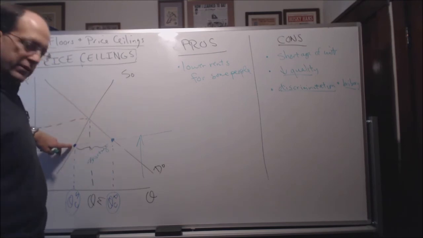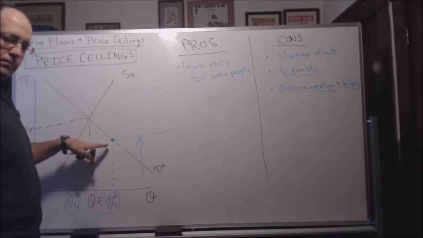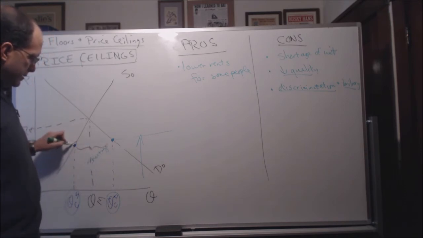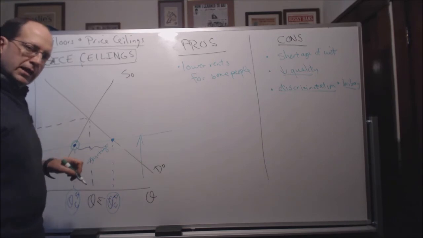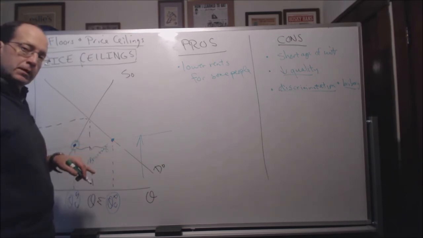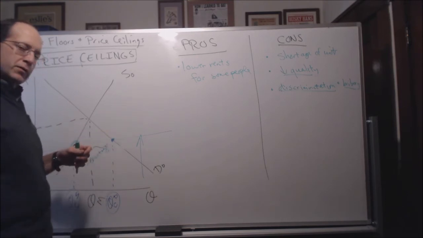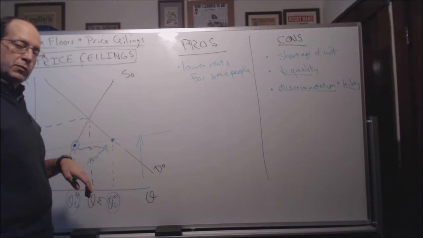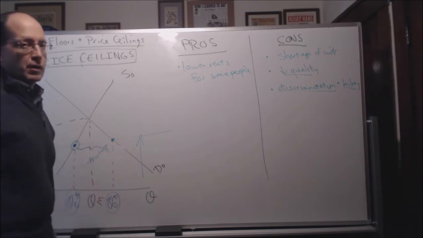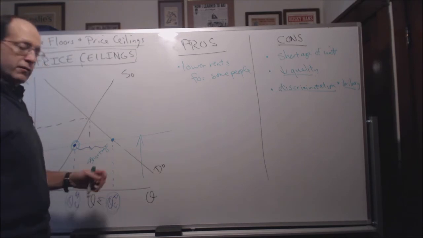But the only units available are back here. So what do we have? Shortage. The landlords say, "This is how many apartments I have. If I don't like you, when you knock, knock, knock and say, 'I would like to rent an apartment from you,' we don't have any. Just because I didn't like the fact that you're a Chicago Cubs fan or you're a particular group. The story is I don't have an apartment."